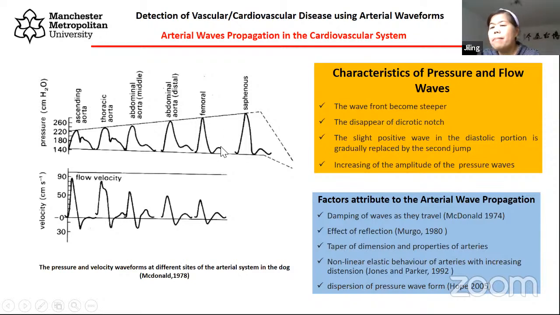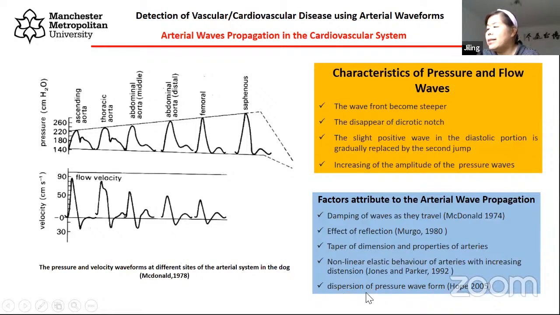There are many factors that can contribute to these characteristics of the pressure and velocity waveform. One is damping of the wave as it travels. Another is the effect of reflection. Another factor that has been suggested is the taper of the dimension and properties of the artery, and also the arterial wall, that is, the relationship between pressure and diameter, which is a nonlinear elastic property.